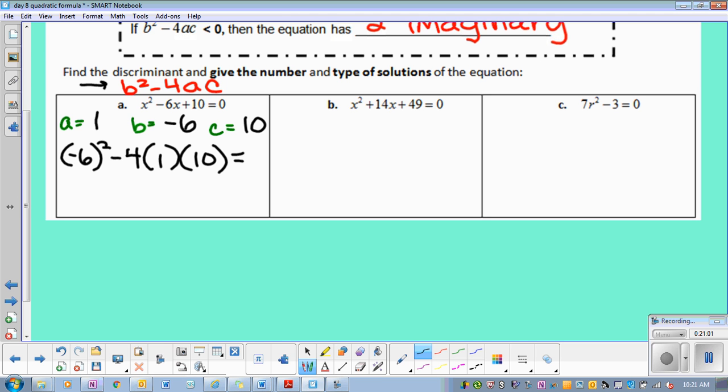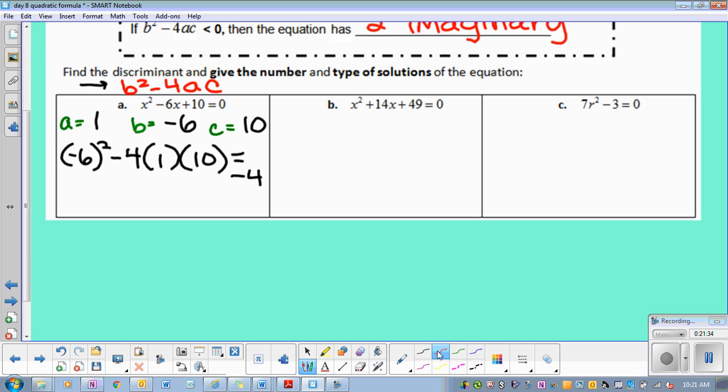Everyone should plug it in to make sure that you know how to do this. -4. Good. Should be -4. Thank you, Peter Scholl. Not -26. -4.